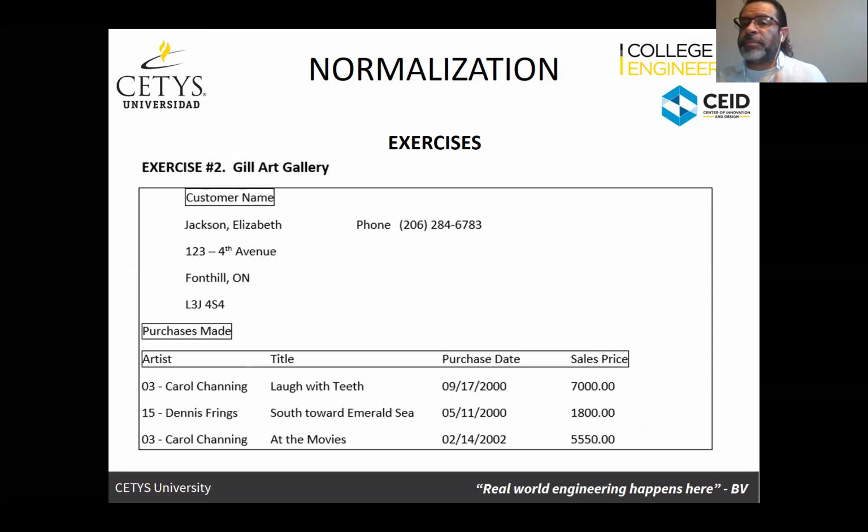This is an invoice of somebody who bought something. This could be, again, similar to the Iskra bakery. In the end, your database for the bakery would want to generate an invoice like this, with the customer and what the customer bought. So we want to extract the tables from this. Can somebody tell me examples of entities relating to this problem that we might have to identify?